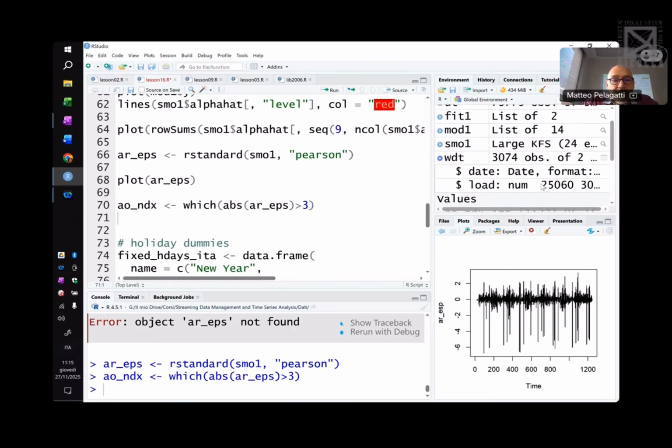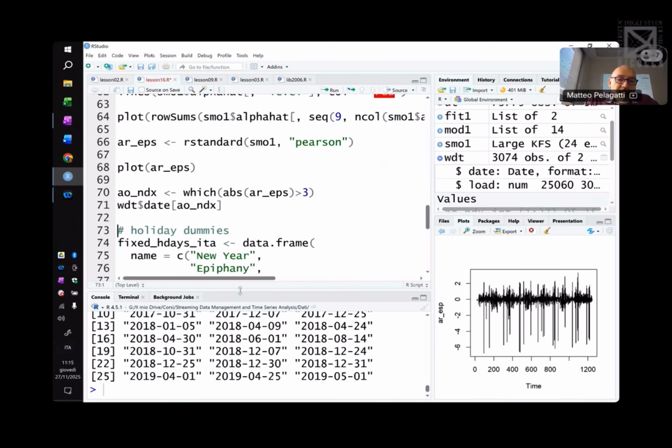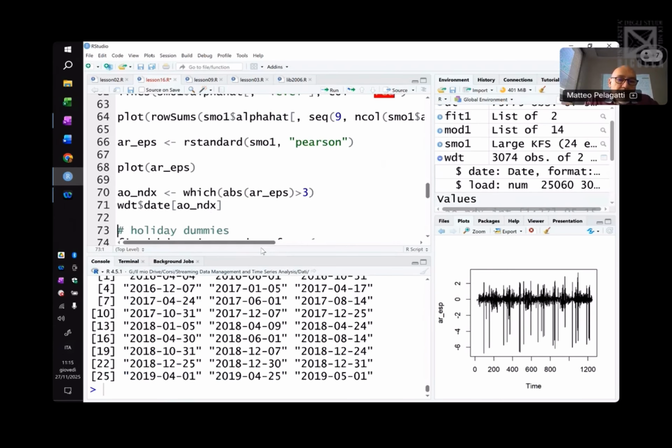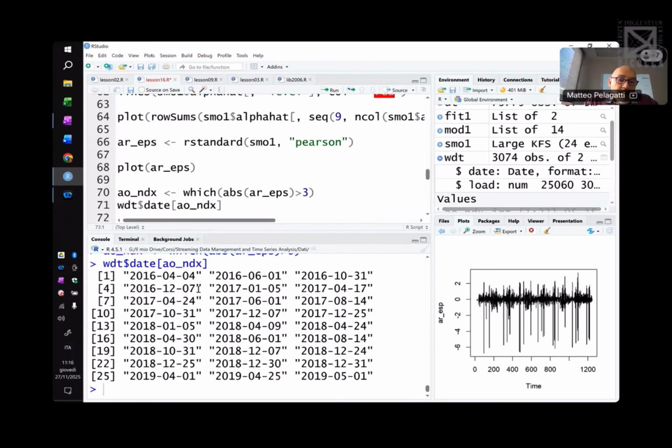Yeah, we have the dates here, so we can just extract them. So we can go WDT, we extract the dates, and we select them at those indexes. And let's analyze those dates, and probably they are all or almost all holidays.